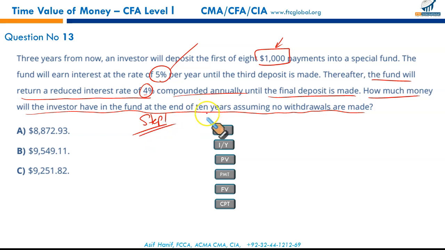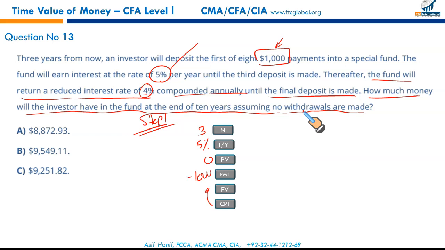You make 3 payments at a rate of 5%. Present value 0. The payments are $1,000 each. We just need to calculate the future value. This future value will then be reinvested, and for the next 5 years, together with the payments, you'll get the total future value of the payments.